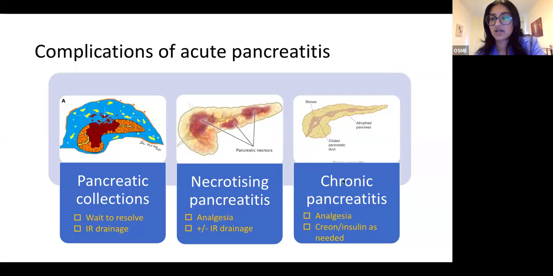And if it's chronic pancreatitis and they develop diabetes, then you want to start insulin therapy and also Creon as the enzyme replacement for all of the pancreatic enzymes which are no longer being produced, which helps the patient to digest their food and absorb it, preventing any kind of malabsorptive deficiencies.